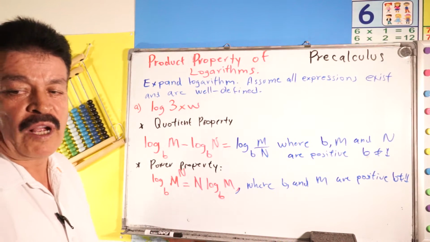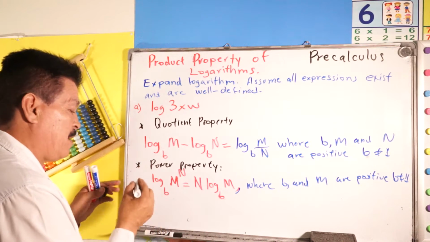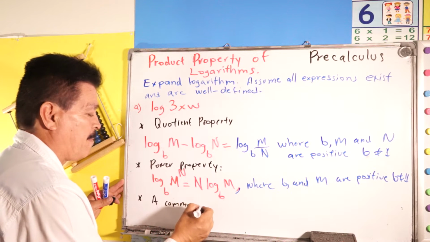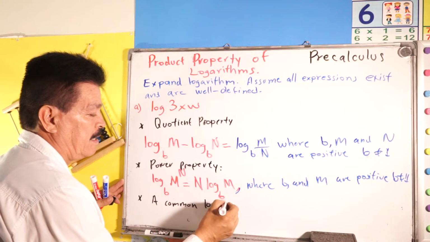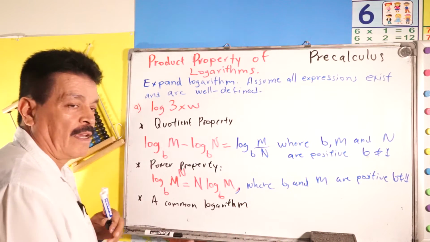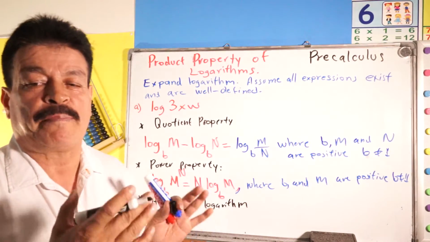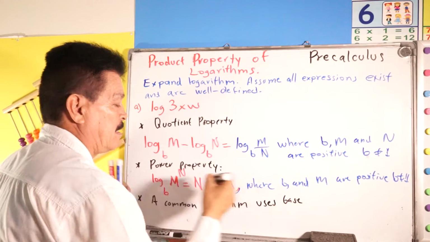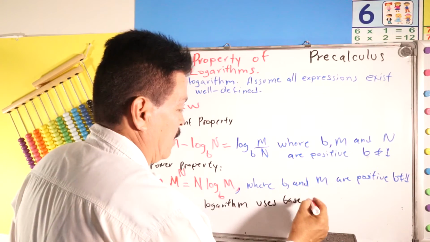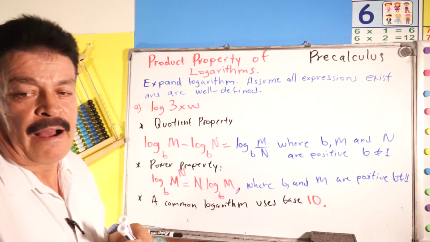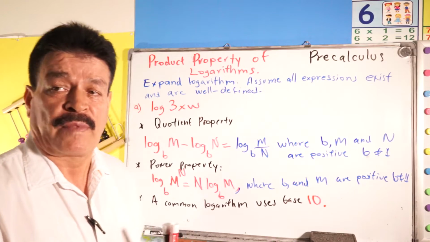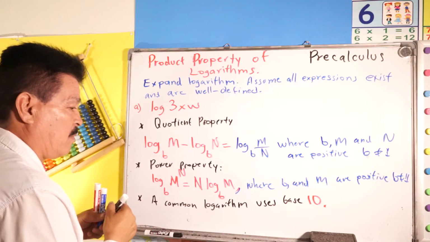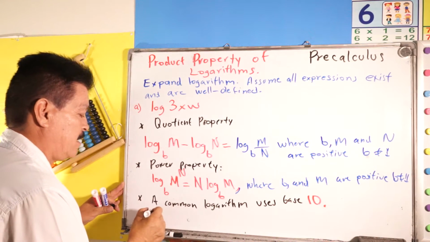Also, a common logarithm is another property that we have to write. A common logarithm uses the base 10.